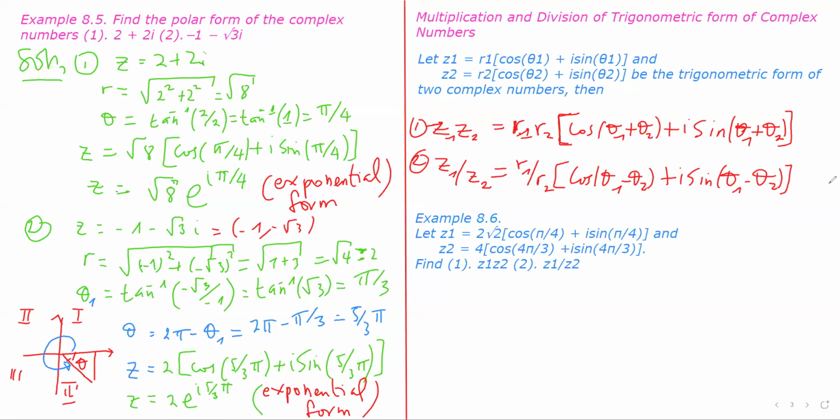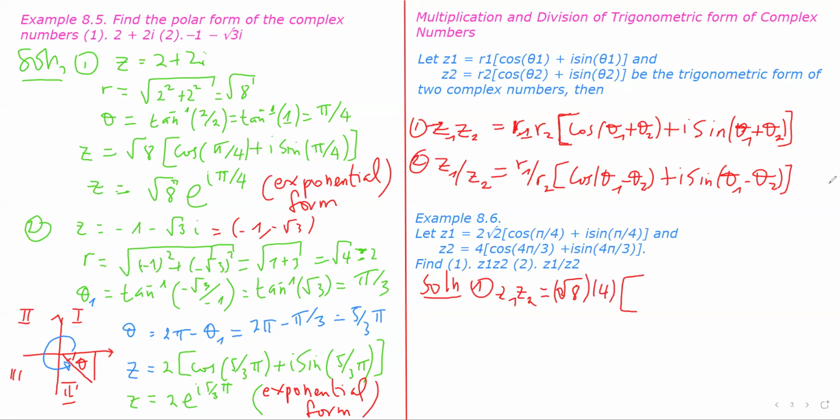So for example, if we take this example here and we want to solve, let's take the first one. If you have z1 z2 and you want to find the product, then basically z1 z2 is nothing but r1 r2. R1 from the first one is the square root of 8, and r2 is 4.